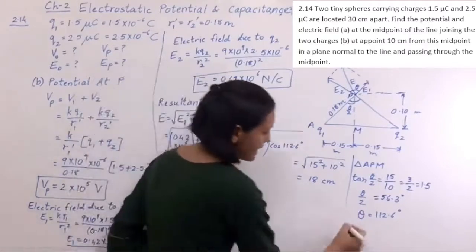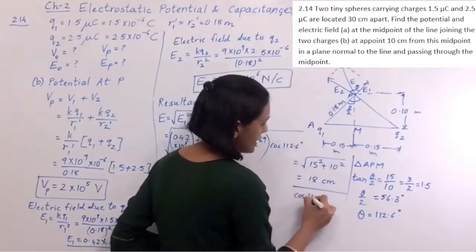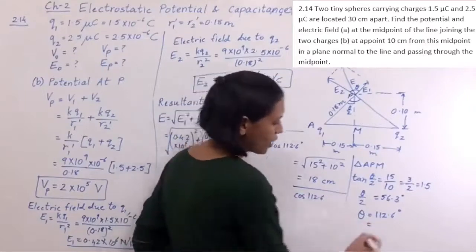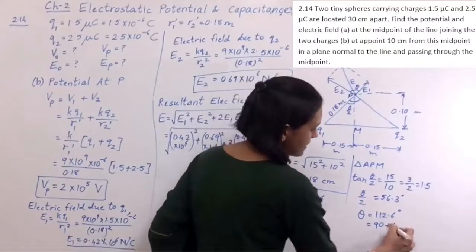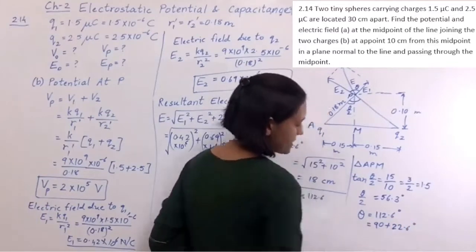Now what will be the value of cos 112.6? 112.6 can also be written as 90 plus 22.6 degree.